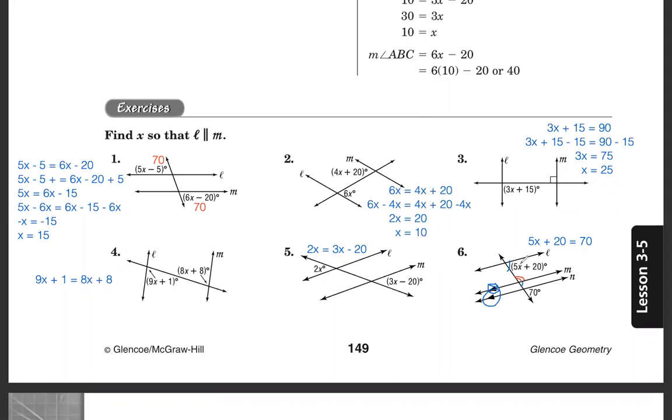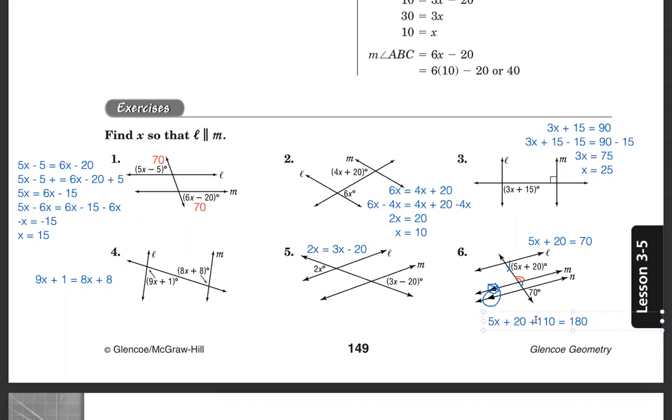So if you're dealing with 5x plus 20 and the red angle, then that's the time you say they are consecutive interior angles. So if you use 110, then your equation becomes 5x plus 20 plus 110 equals 180, since when we say consecutive interior, we have to add.